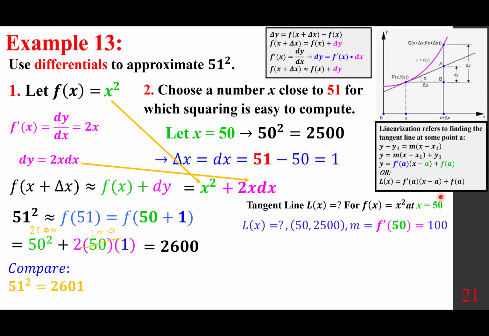So we have both of them. We have the pair and we have the slope. Y minus y1. See, I'm not going to even memorize that. Y minus y1, y minus 2,500. This is something you should know, from elementary algebra. So y minus 2,500 equals m, which is 100 times x minus 50.